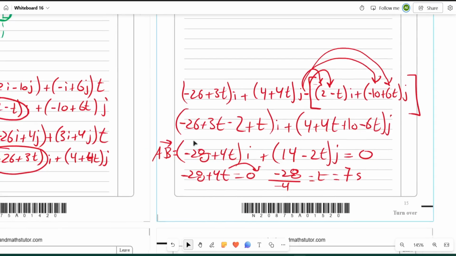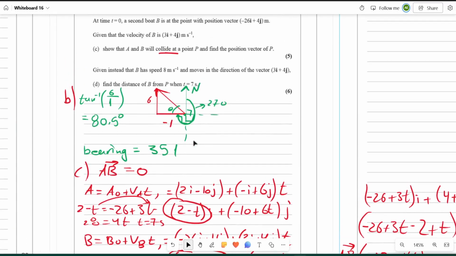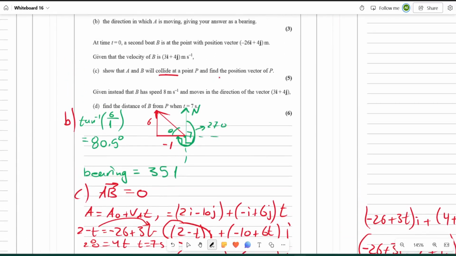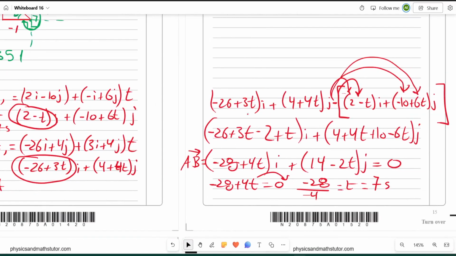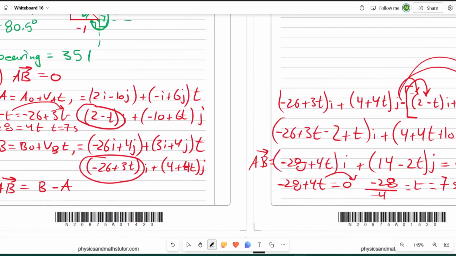Okay, so now the question wants us to find the position vector of the point P. So where is the position of point P? I can just substitute 7 seconds into either A or B to find the position at that time.